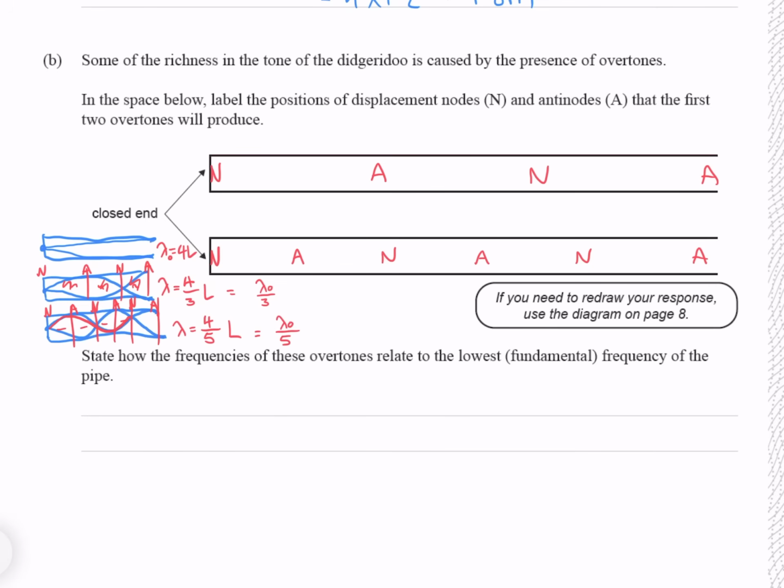Now, because frequency is inversely related to wavelength, if the wavelength of our first overtone is 1/3 of the fundamental, then the frequency of our first overtone is going to be 3 times the fundamental. Similarly, if the wavelength of our second overtone is 1/5, then we must have the frequency of the second overtone as being 5 times the fundamental.